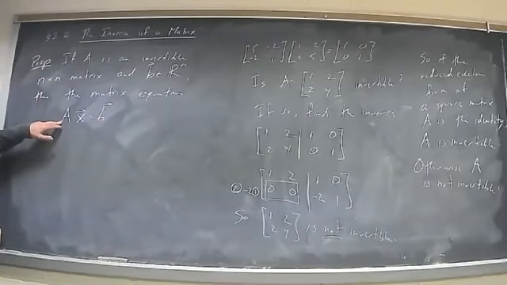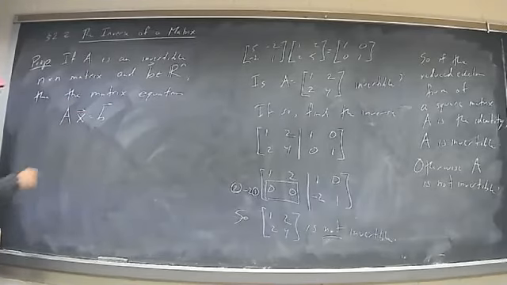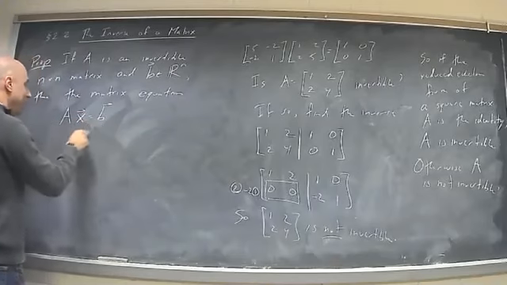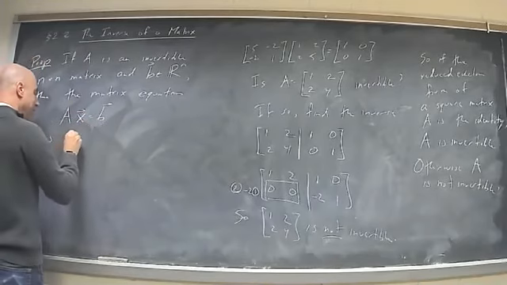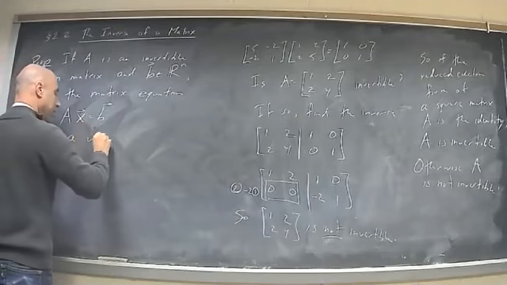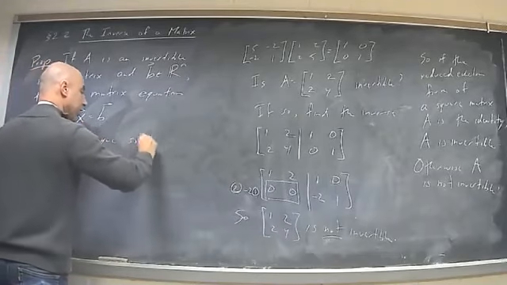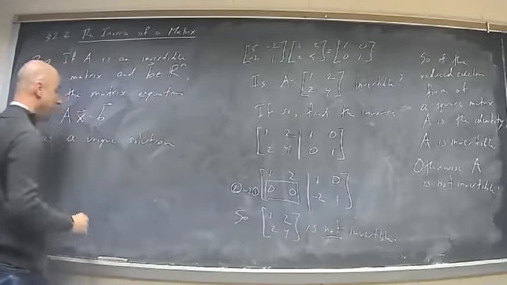We would just write this as an augmented matrix and row reduce, and then what we end up with on the right-hand side of the bar is going to be our solution for x. So then the matrix equation Ax equals b has a unique solution. So there's one and only one.